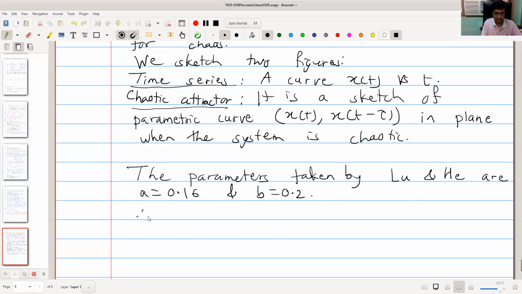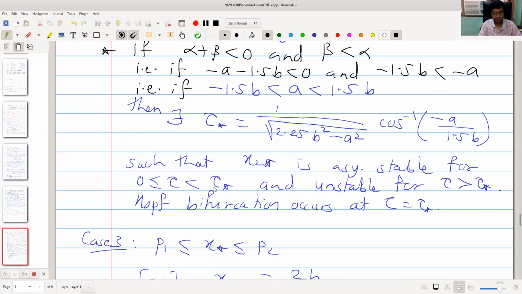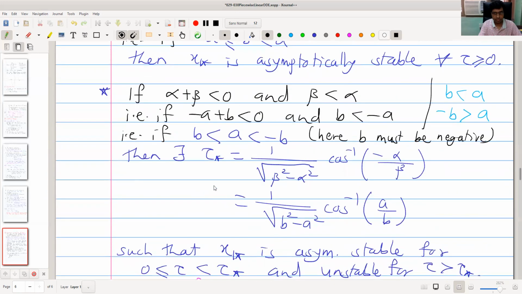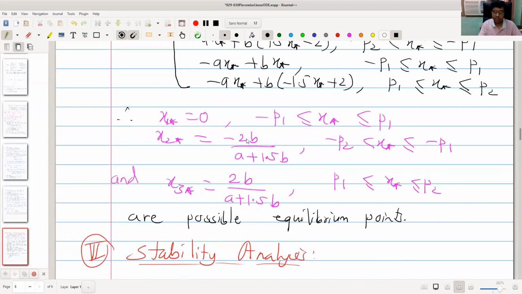Therefore, the equilibrium points are: x1 star is always 0, that doesn't depend on A and B. Then x2 star, which is this one, minus 2b divided by A plus 1.5b.